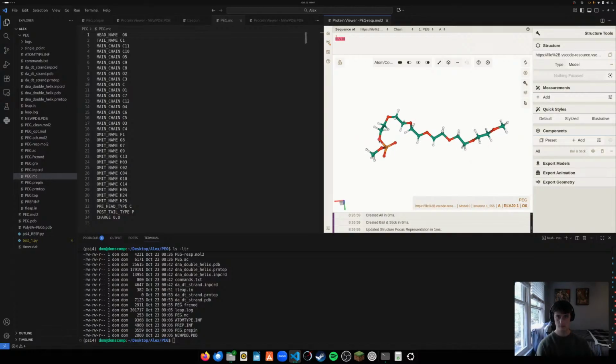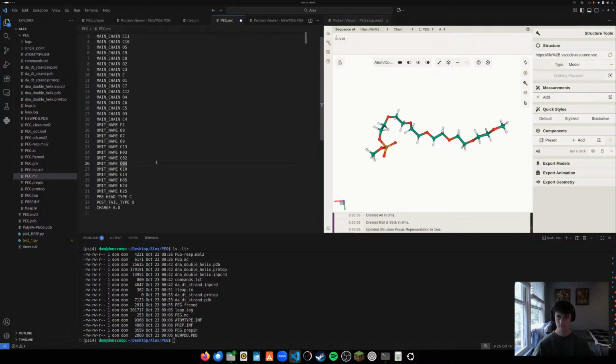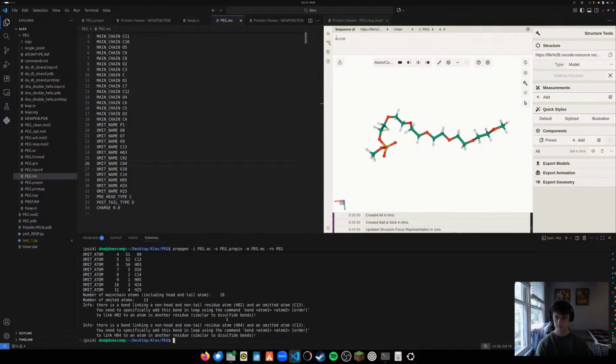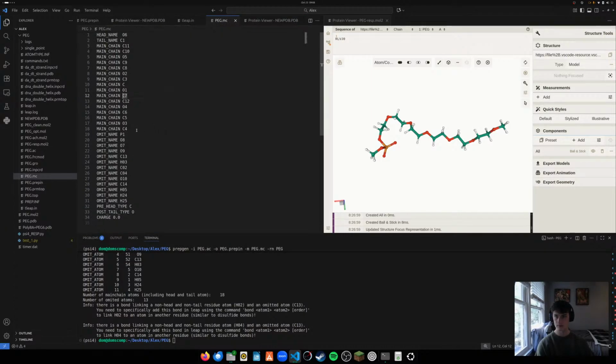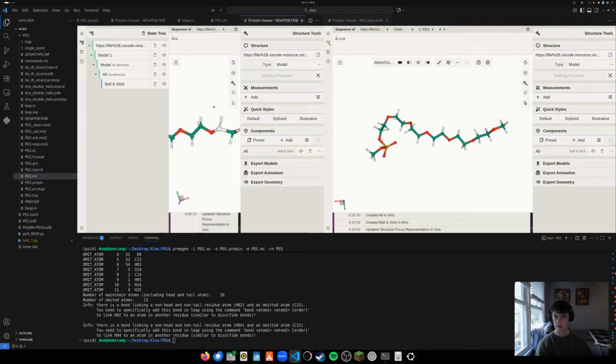Head, pre-head, tail, post-tail. Oh. Why is that like this? Is it the order? I think it's the order. The ends look fine though, I think. Yeah. So it should look like that.